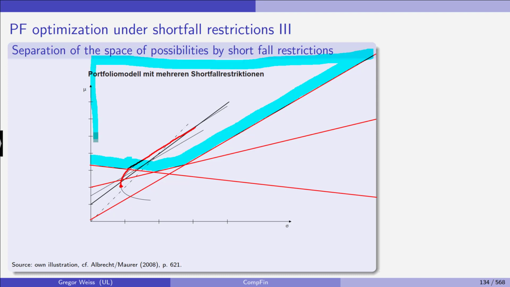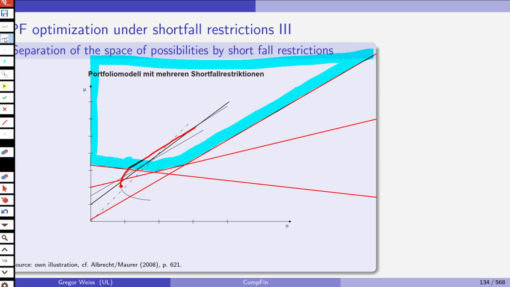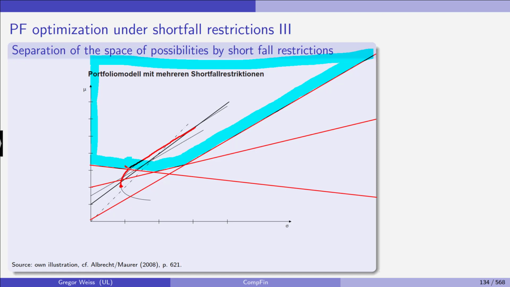And this is the space in which you have to optimize now over this function. This function here, and so on. For these three red lines indicating three constraints. If you take the black ones, obviously you get a slightly different set of feasibilities and space of possibilities.